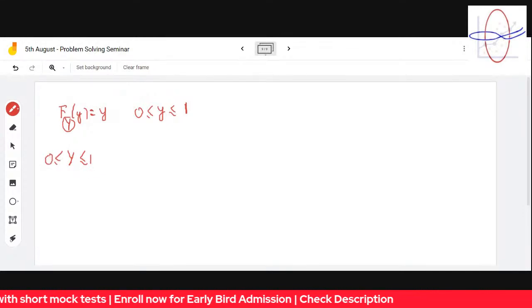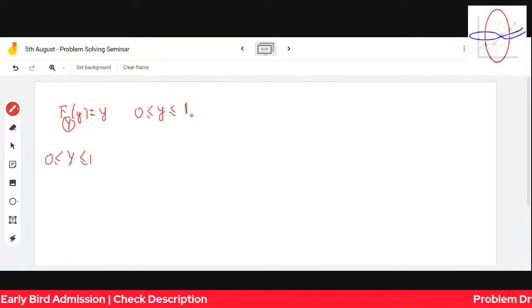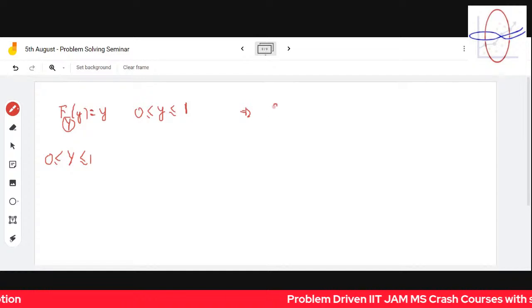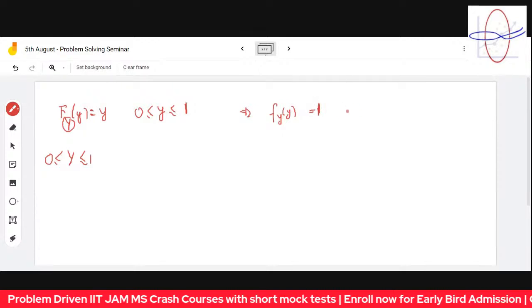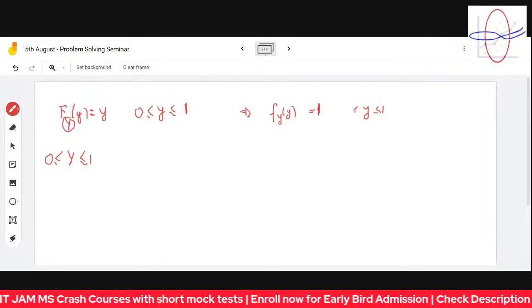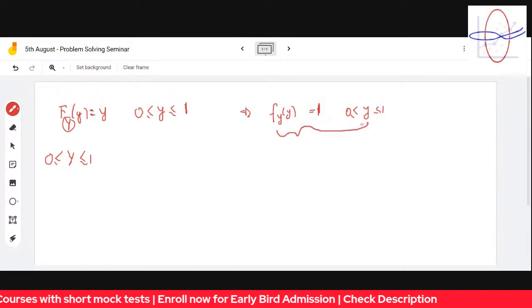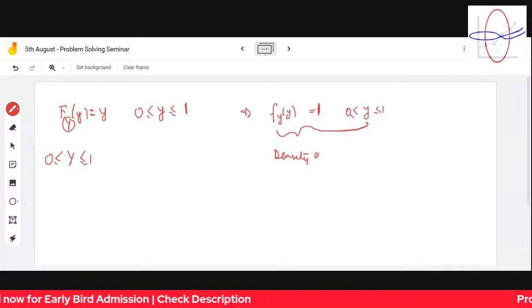The range of y is 0 and 1 only. That's why small y is between 0 and 1 only. So what do we get over here? From here, if you take the PDF on the support, it is 1, between 0 and 1. And this is the density of the uniform distribution.